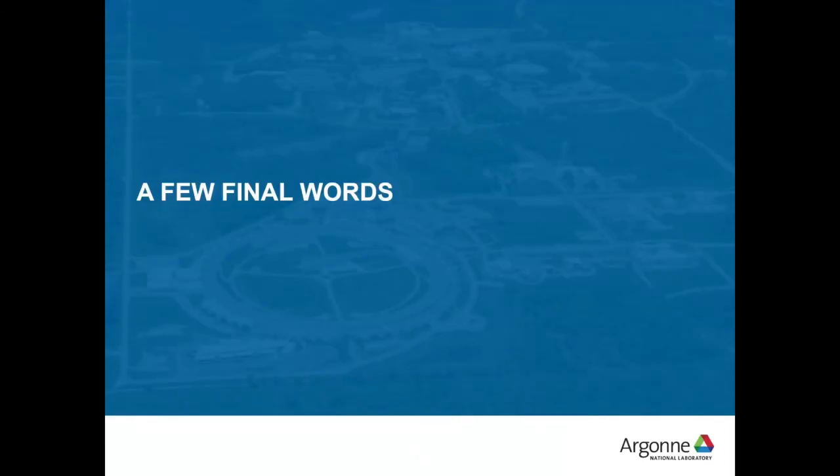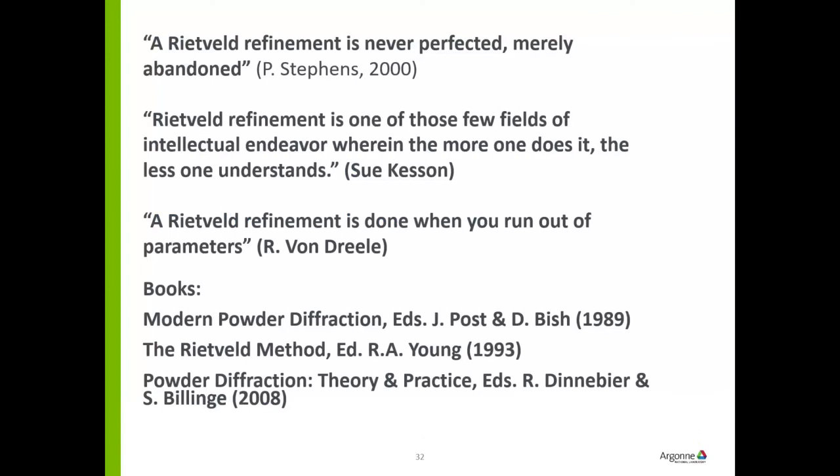Okay, a few final words. A Rietveld refinement is never perfected. It's merely abandoned. That was from Peter Stephens. Sue Keeson put in this line about it being one of the few things where the more you do it, the less you understand. And there is a certain truth to that. What I said is, you're done when you run out of parameters. And there are some books that predate what Joel gave you.